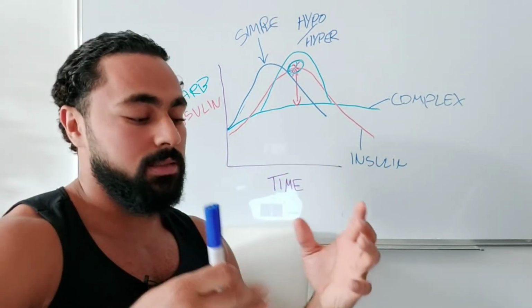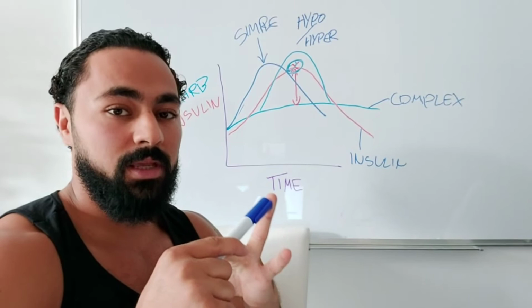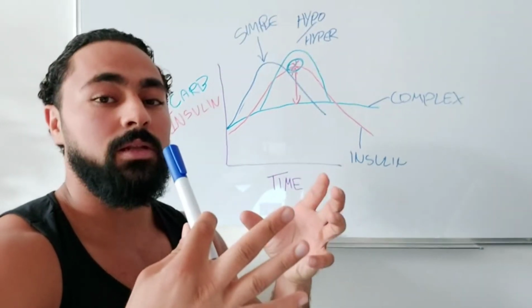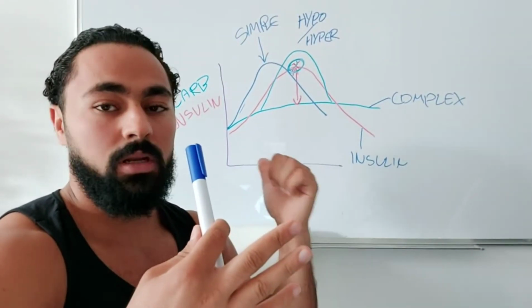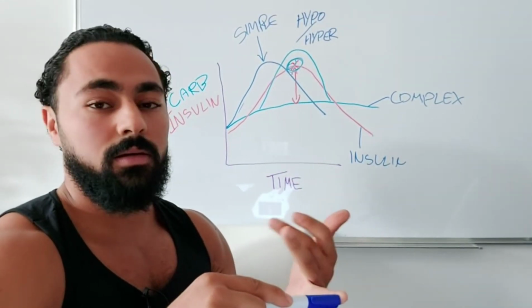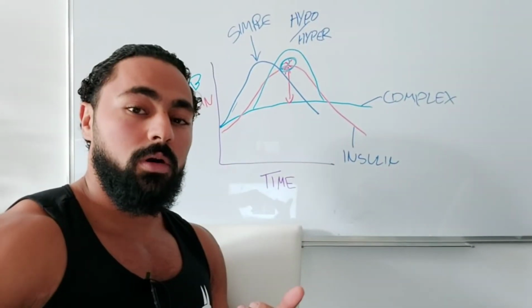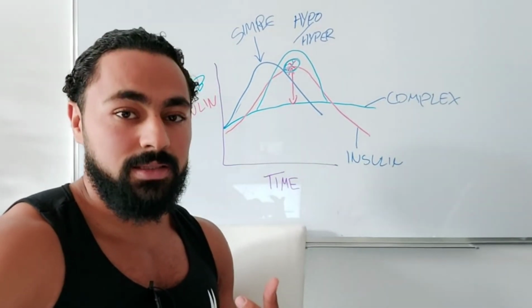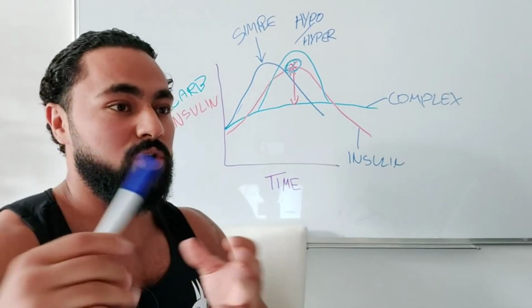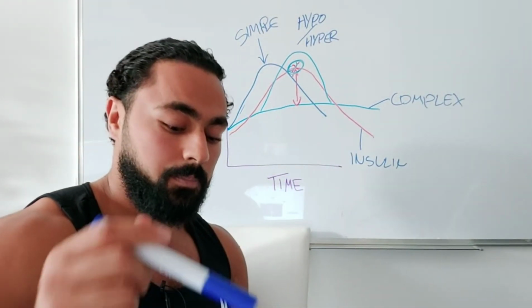What affects this? The type of carbs and the other nutrients within that meal. So if you're having a fatty meal, you're going to get affected by something similar. You're either going to have the hyper phenomenon, or you're going to have insulin resistance. Fat causes insulin resistance, so you're going to have a hypo, and again, it's very subjective.